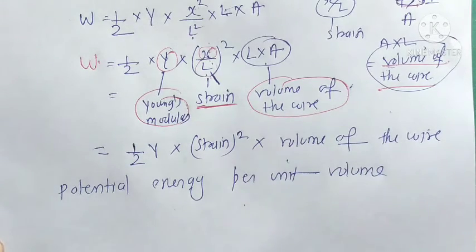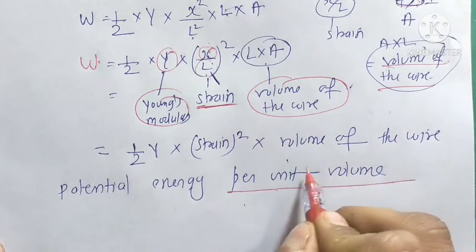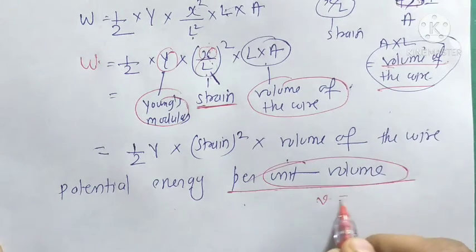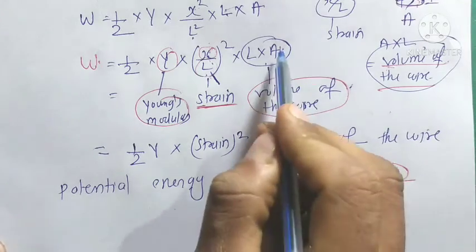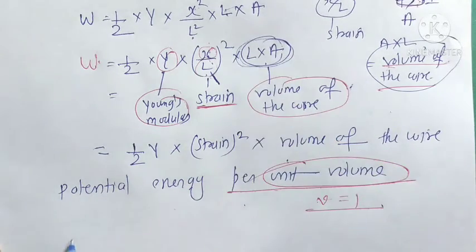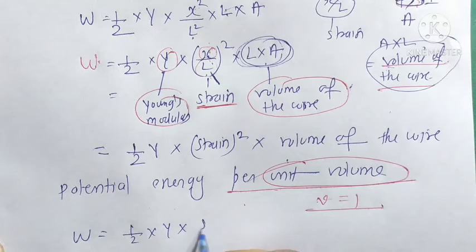We take it per unit volume, which means volume is equal to 1, so this total becomes 1. So work done is equal to half into Young modulus into strain whole square.